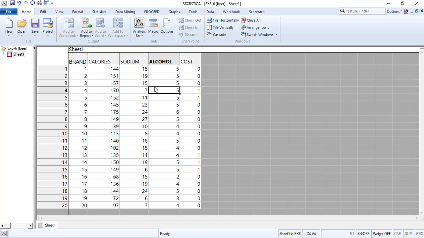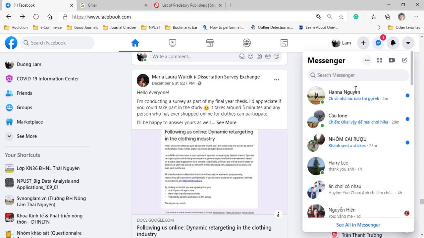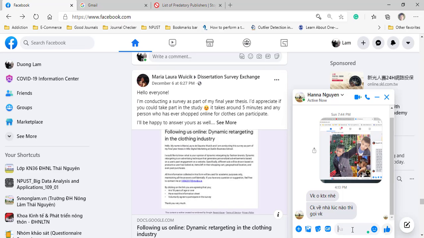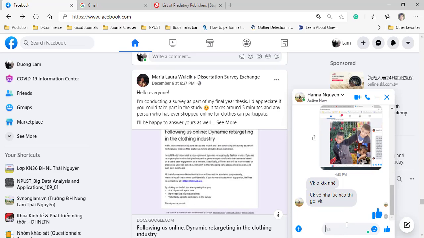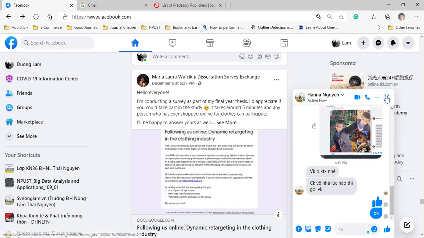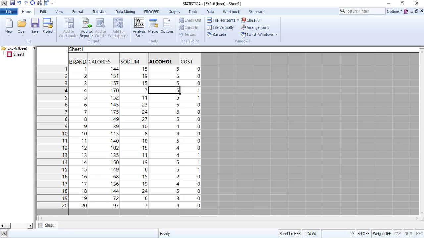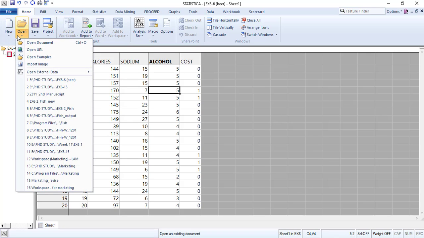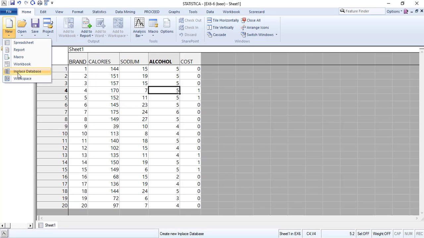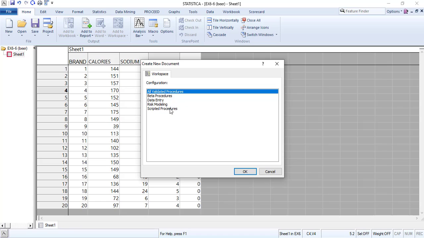Beer is an Excel file, a related Statistica file. Click on the workspace to open file. This open file. No, this one.